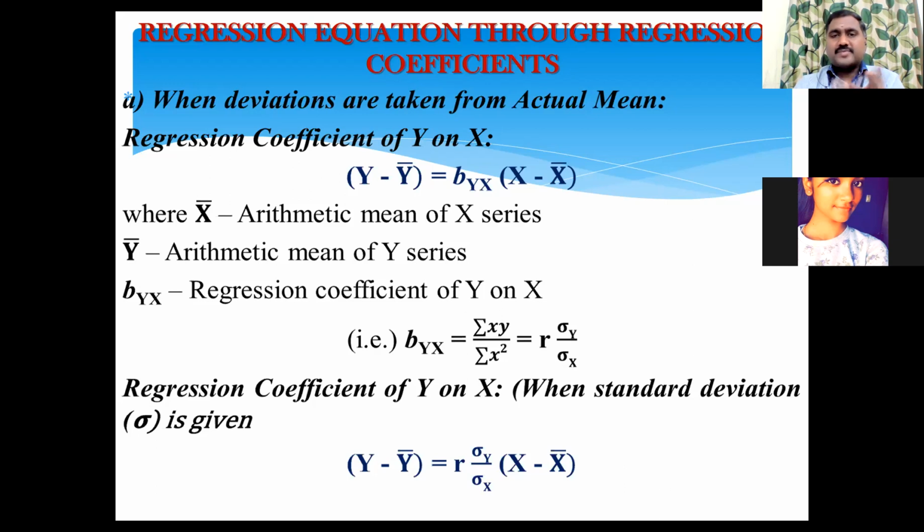Don't use sigma y by sigma x because we don't know the sigma value. Suppose in the problem they directly gave x bar, y bar, sigma y and sigma x. In that situation, you can use byx equals r into sigma y by sigma x. Okay. Did you copy this formula?